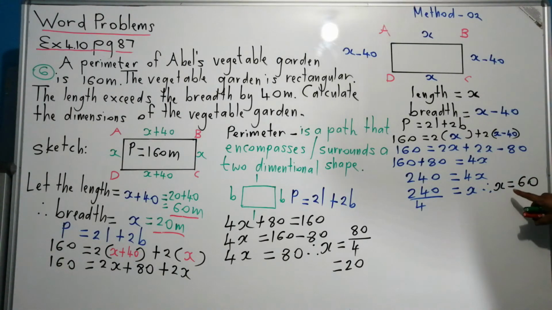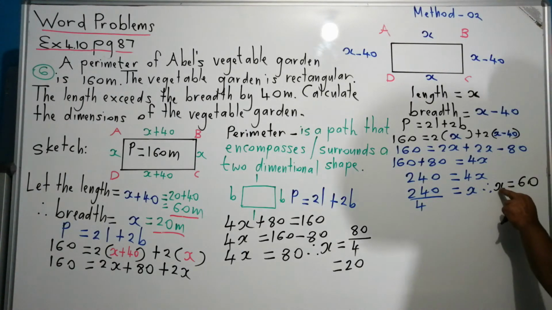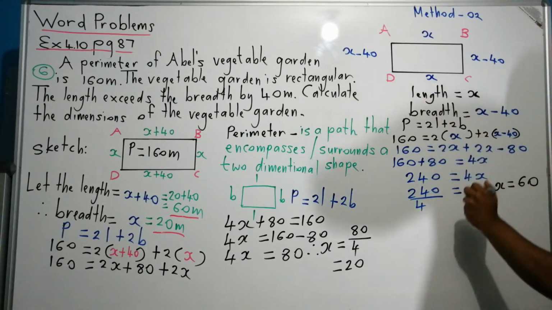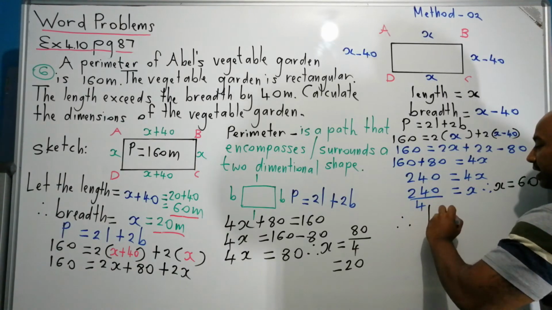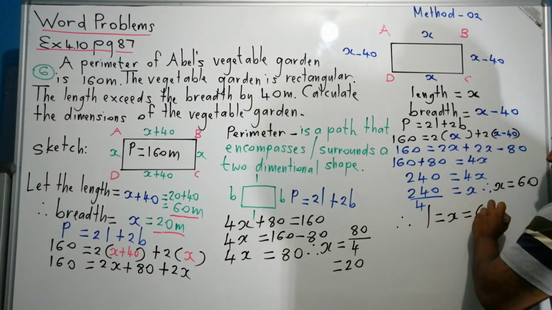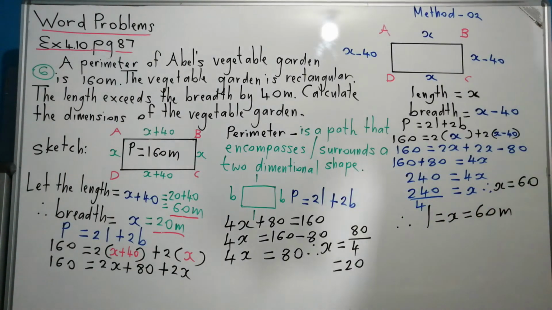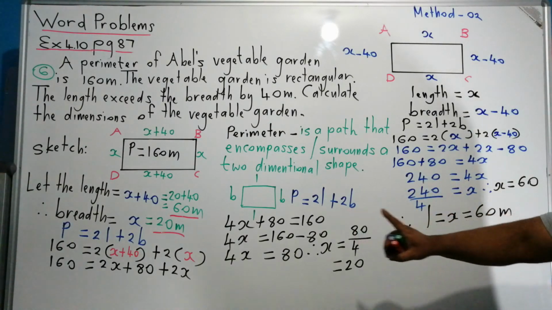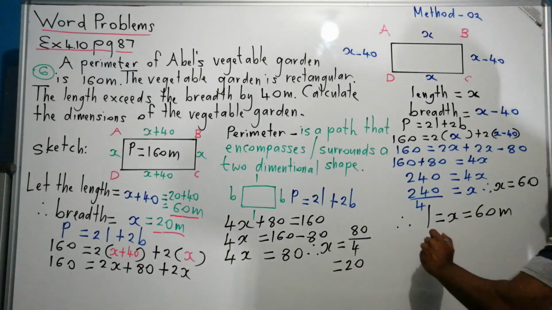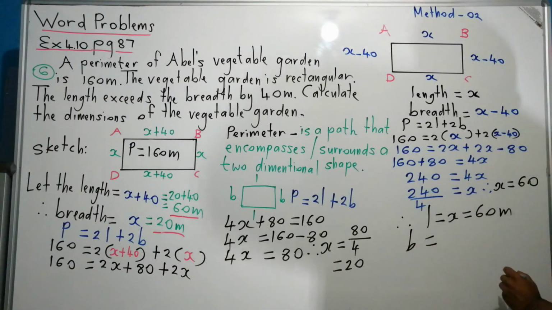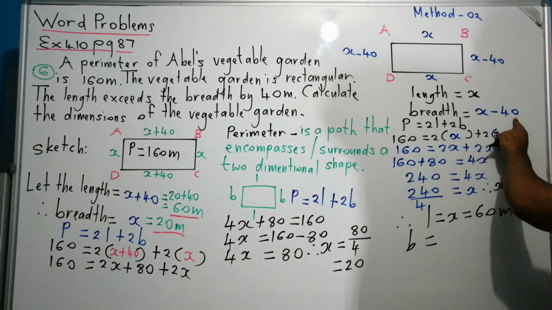Now what did we define x as if we are using this method? We defined x here as the length. So therefore the length is equal to x, which is equal to 60 meters. Doesn't matter which way you work it out, your length is 60 either way. Your breadth is defined as x minus 40.